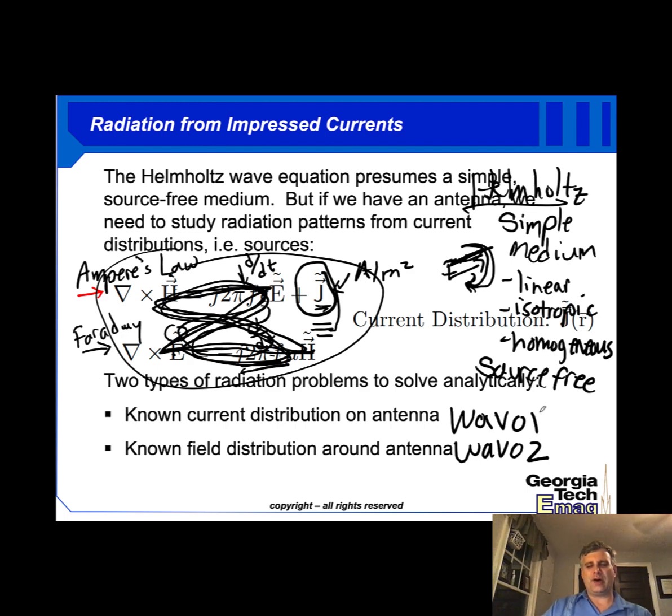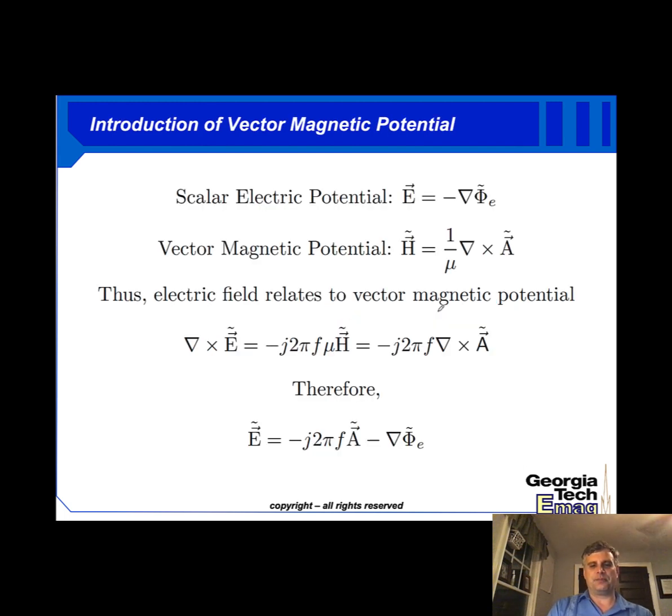If we use the Helmholtz wave equation, we can study how waves propagate in space, but we can't really understand how antennas behave. And why is that? Because we got rid of the sources. An antenna, by definition, has to be a source. So we are throwing the baby out with the bathwater if we are doing things that way.